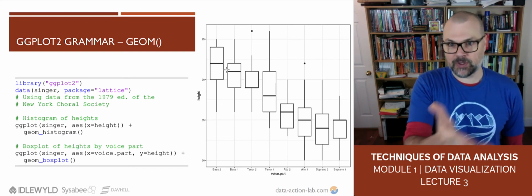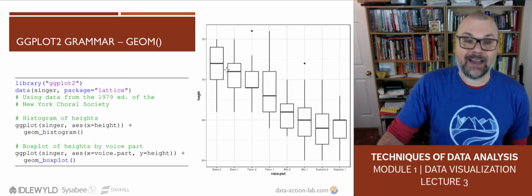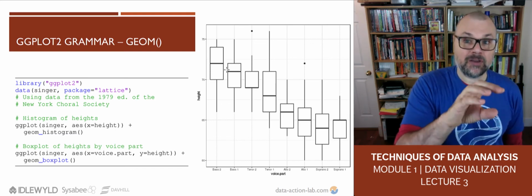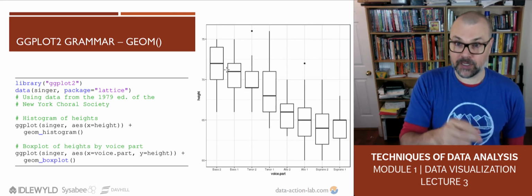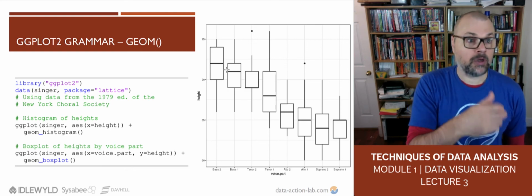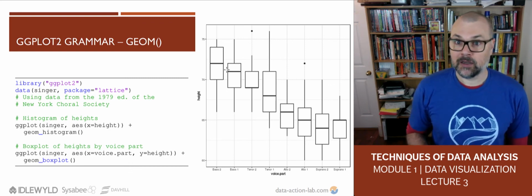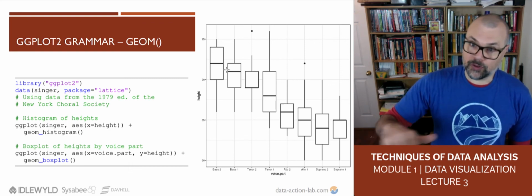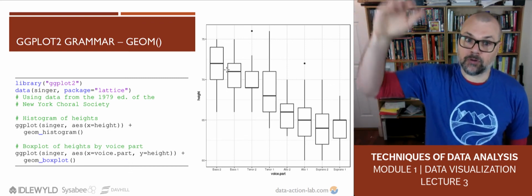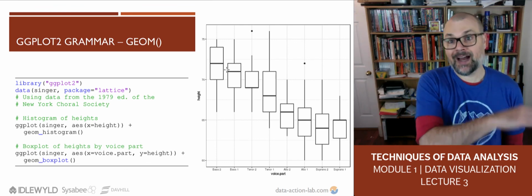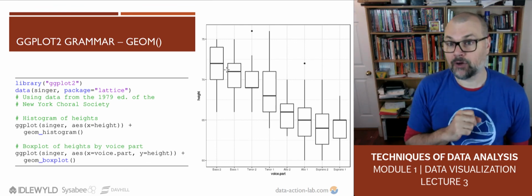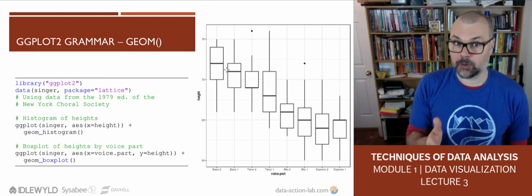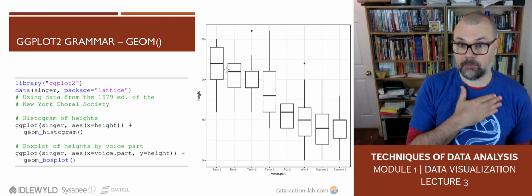In fact, this is what this chart is showing us here, at least in that specific population, the population of singers in the New York Choral Society. The lower voices were sung by taller people, and the higher registry parts were sung by smaller people. Okay?